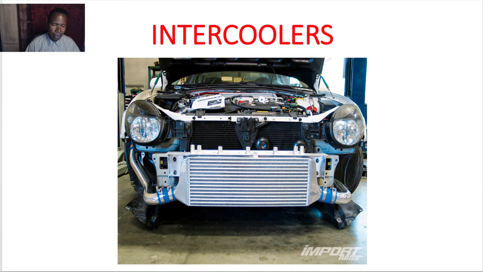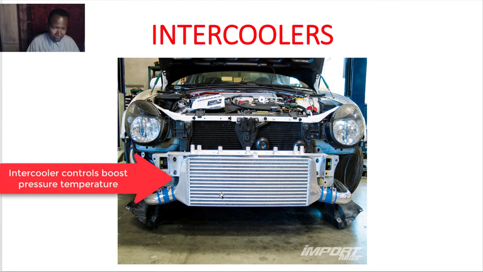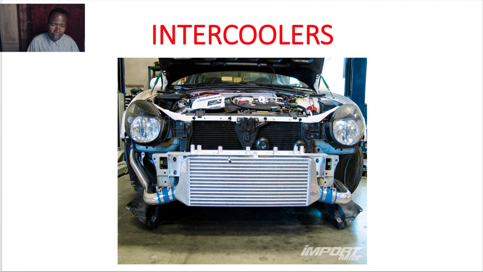The intercooler controls boost temperature. Now, they're not all this big, but that's the purpose of it. So this intercooler itself controls the boost temperature, helping prevent damage to the turbo system.